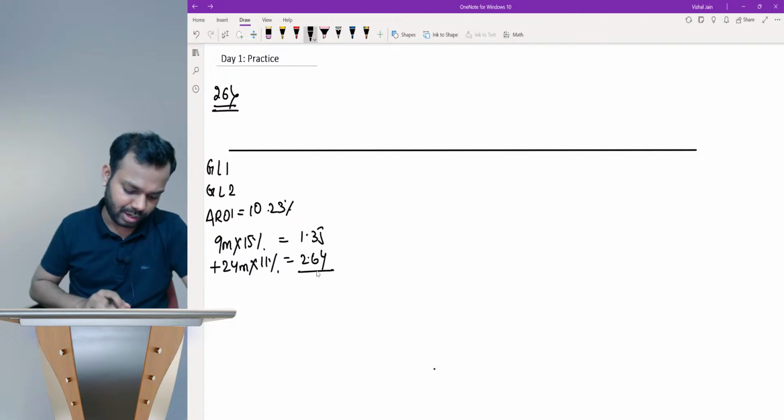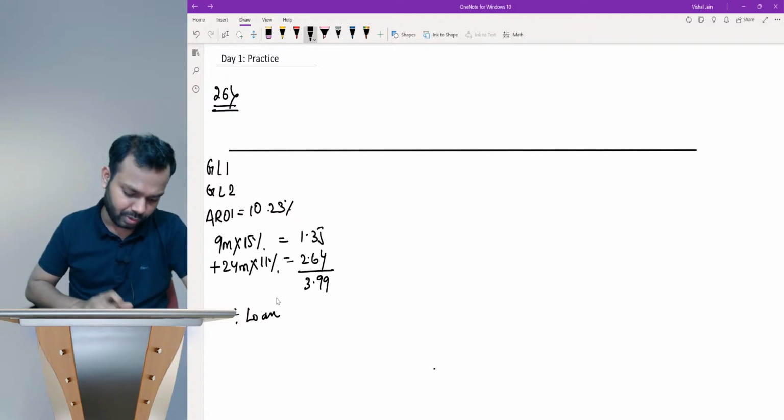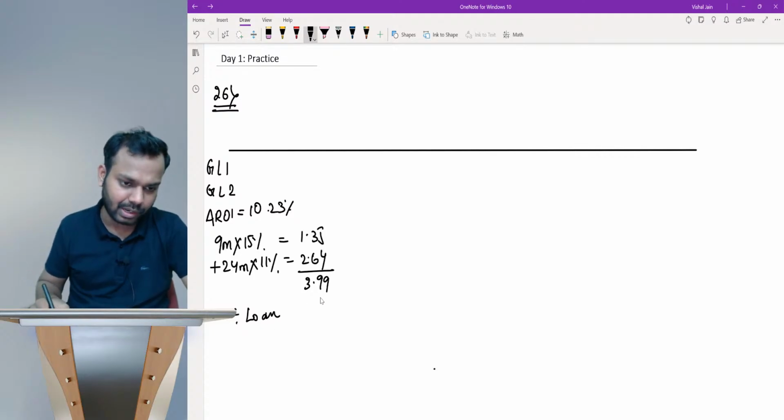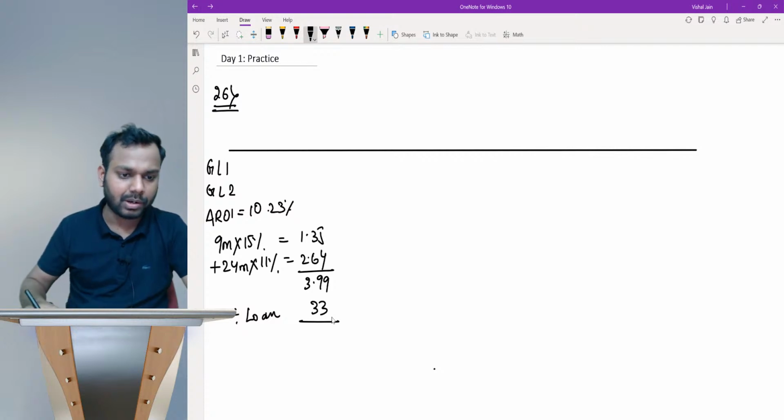So 1.35 plus 2.64 is 3.99, divided by the total loan, 15 plus 24, which is 39.